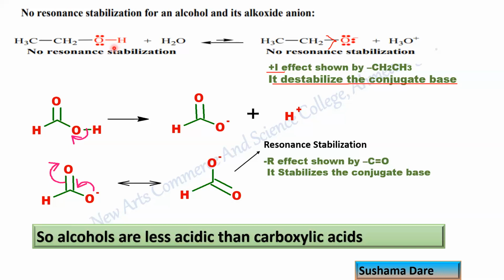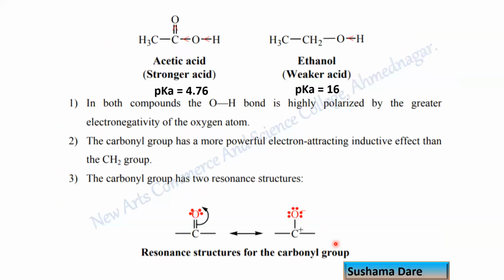If the dissociation is difficult, it is a weak acid as compared to this. If this conjugate base is more stable, the dissociation is easy, because the oxygen-hydrogen bond is weak. If this bond is weak, there is a strong dissociation, or in other words, it is a strong acid. So alcohols are less acidic than carboxylic acids.